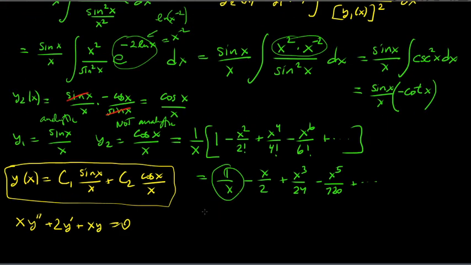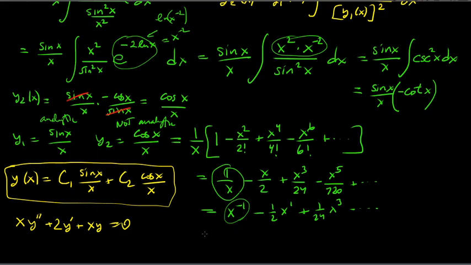Now it's x to the -1, minus 1/2 x to the 1 plus 1 over 24 x to the 3, and so on. So that's what went wrong. The cosine term here, the second linearly independent term, is not analytic because the series involves a negative exponent.